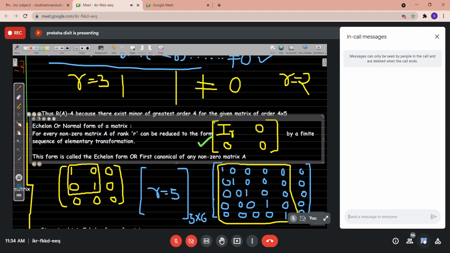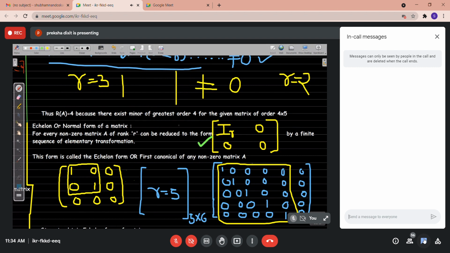In this matrix, you can see an identity matrix of order R is written, and apart from this identity matrix, the rest of the elements in the matrix are 0.